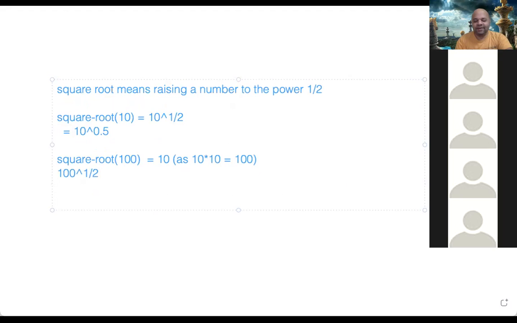Now 100 is 10 raised to 2, and this is raised to 1 by 2. So this is equal to 10 raised to 2 multiplied by 1 by 2. Now 2 multiplied by 1 by 2 is 1, since the 2 and 1 by 2 cancel each other out. So 10 raised to 1 is equal to 10. That is how we get this.